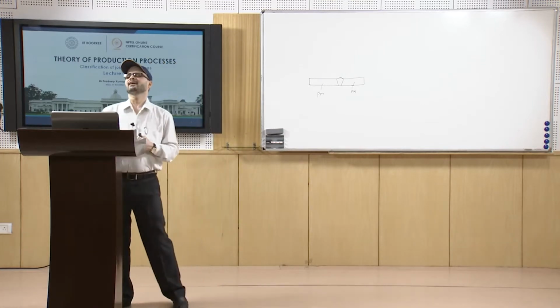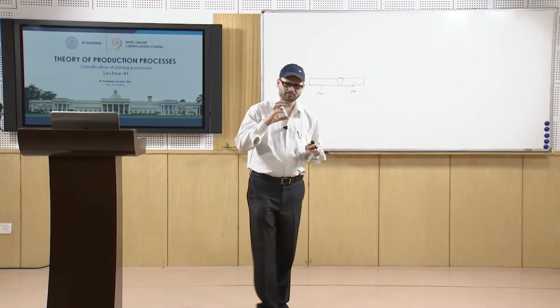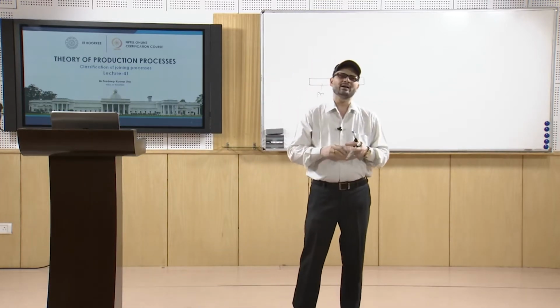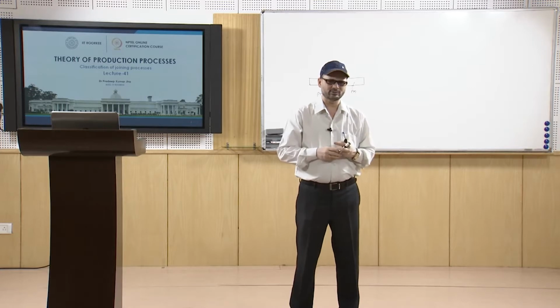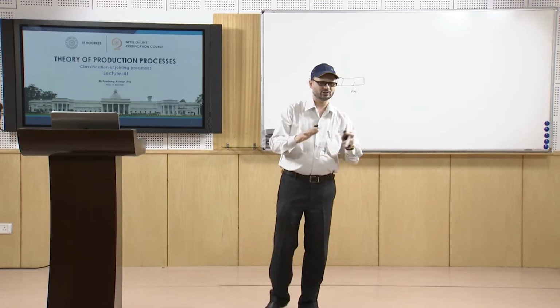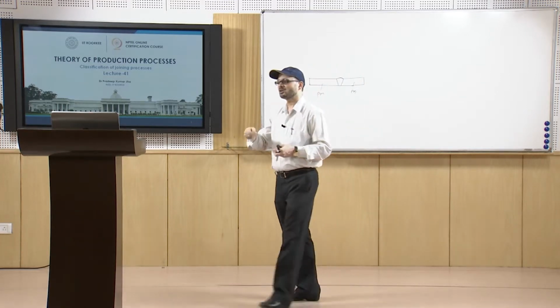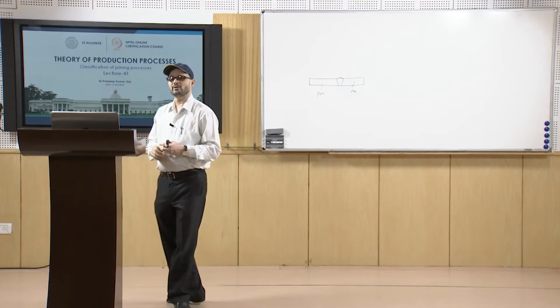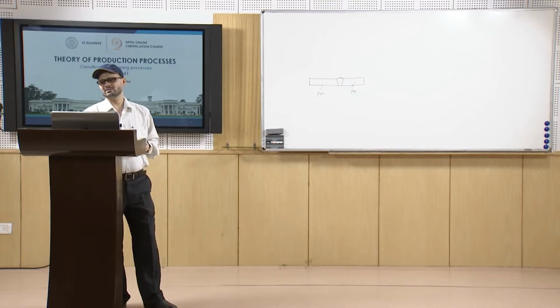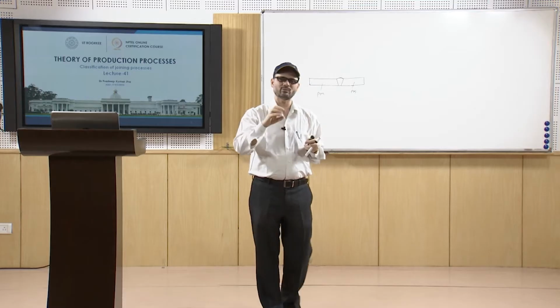Now you may have the mechanism on the electrode itself, so that you create one atmosphere so that the weld pool is saved. You may use separate inert gases, so that an inert atmosphere is maintained, and in that atmosphere the welding is carried out.